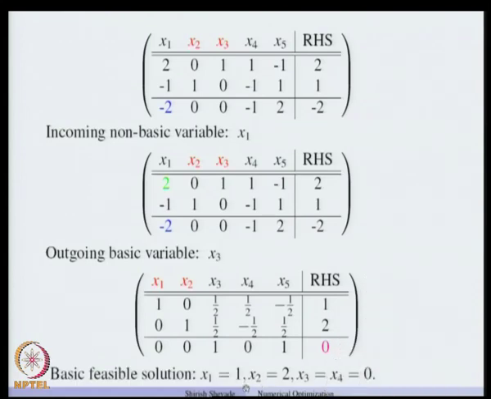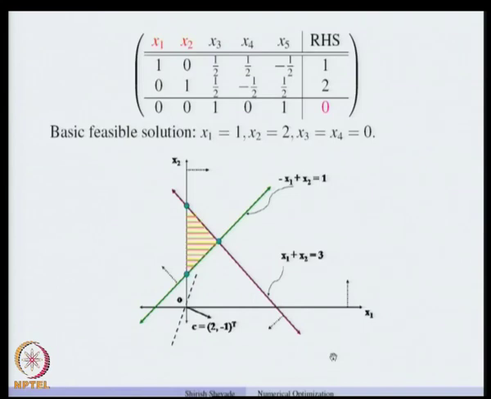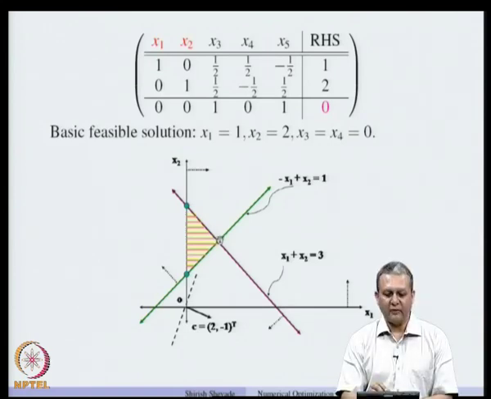So, the basic feasible solution for the original program is x1 equal to 1, x2 equal to 2 and x3, x4 are 0. So, x1 equal to 1 and x2 equal to 2 corresponds to this point, and this is going to be our starting point for the next phase.